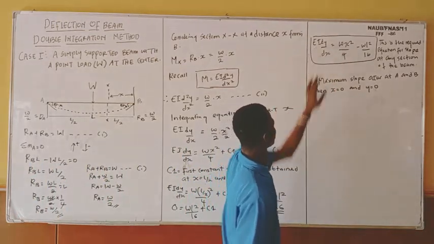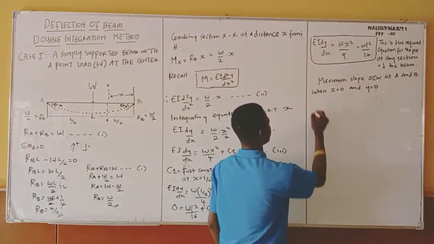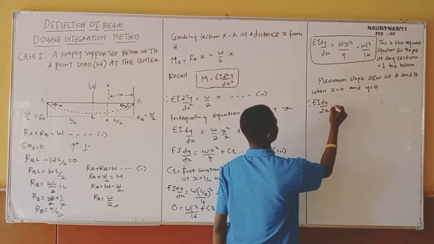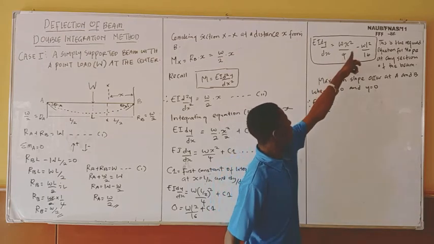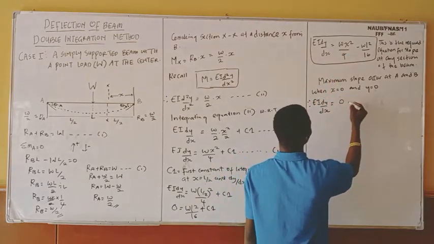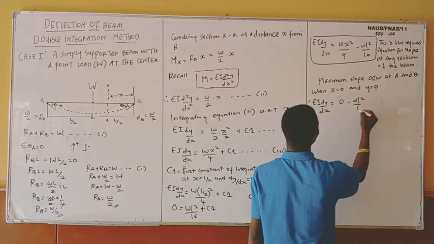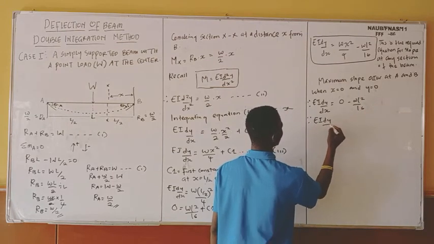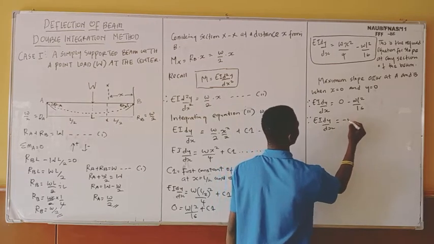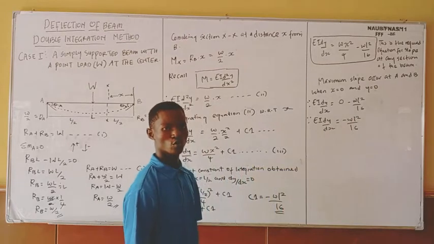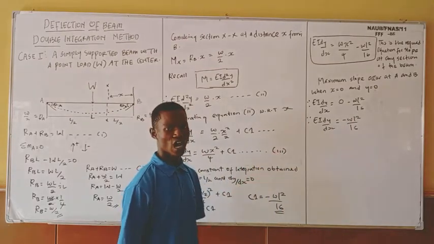So in this case, I'm going to still have EI dy over dx equals to, my x equal to 0. Definitely all this one will be 0. Then I have 0 minus WL squared over 16. Definitely I'm going to have EI dy over dx equals to minus WL squared over 16. But I'm looking for slope, and you know that slope is dy over dx.